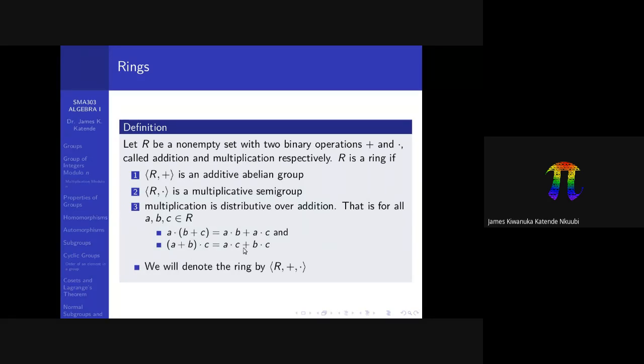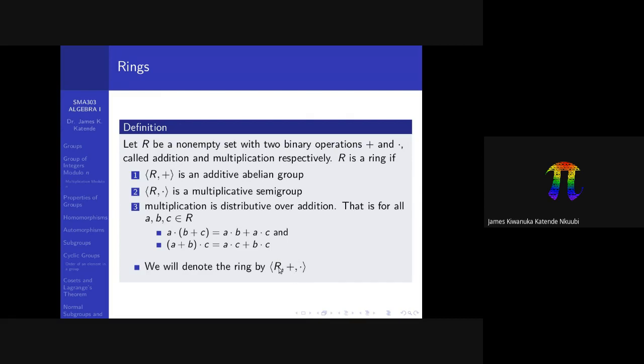So these properties, if they're all satisfied, then we say R is a ring, and we denote a ring in this fashion, with angle brackets: the set itself, and the two binary operations in that order, addition followed by the multiplication.